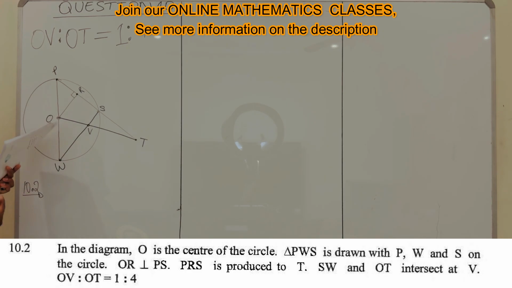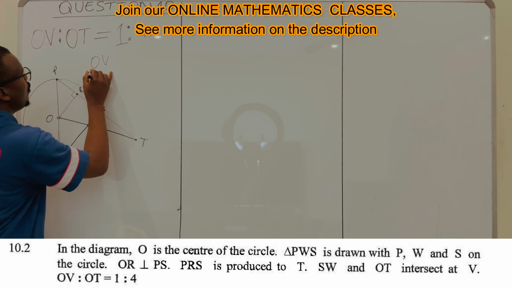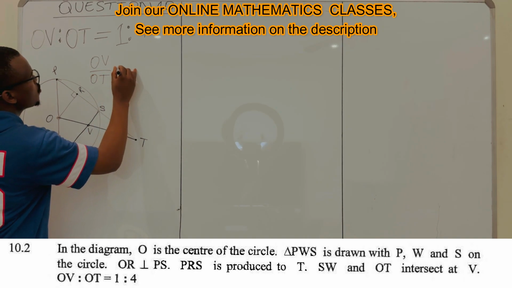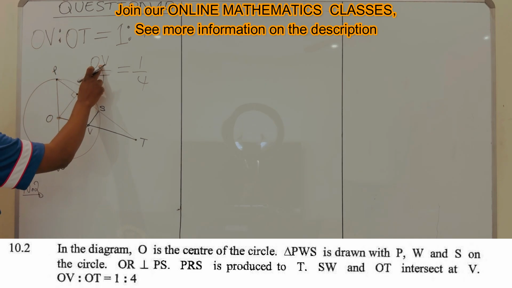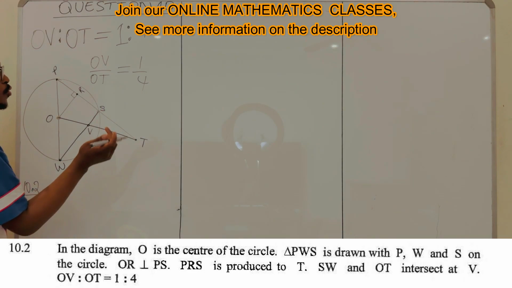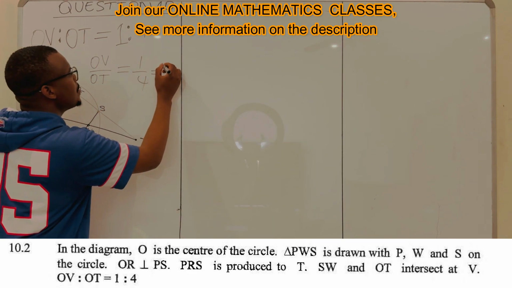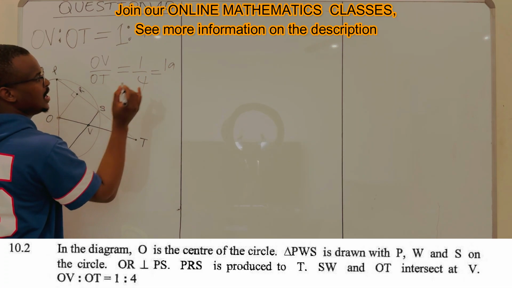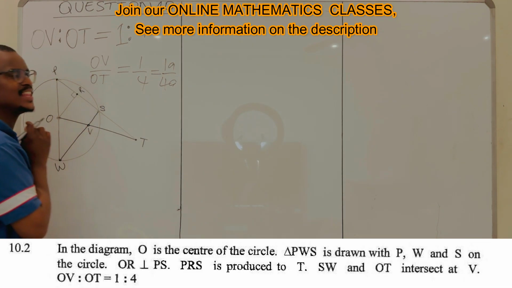If you write it maybe in simple maths, I'll say your OV over your OT is equal to 1/4. Right? No problem. Does that mean OV is equal to 1? No, it's not 1. Does that mean OT is equal to 4? No. So what it means is your OV is equal to 1 times something. Let's say 1 times A. And your OT is 4 times the same A over there.